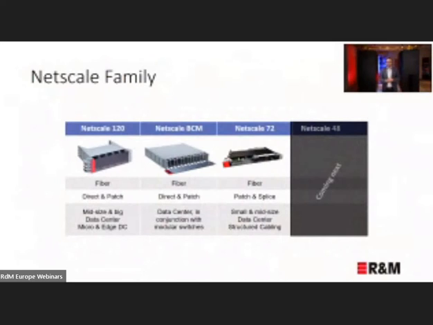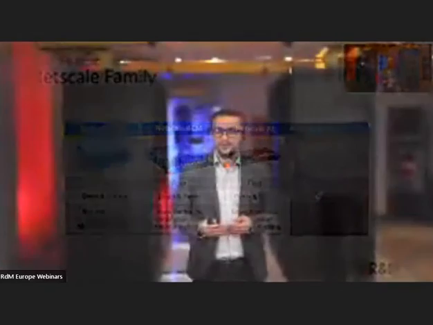Netscale 72 offers smaller port density than previous panels, but gives more flexibility. There is more to come in the future on the Netscale family. Next will be a 48 port modular panel, which should replace the former HD panel.